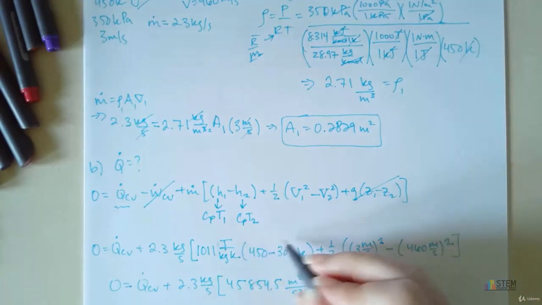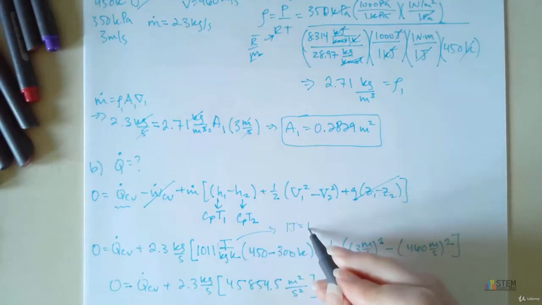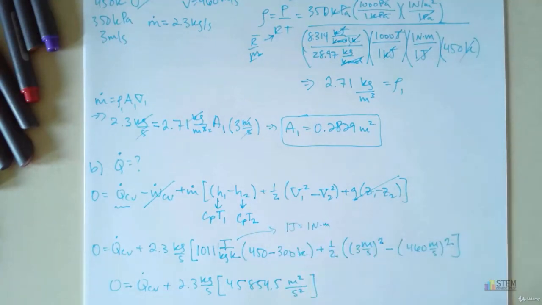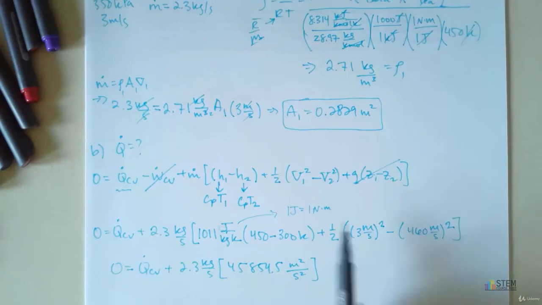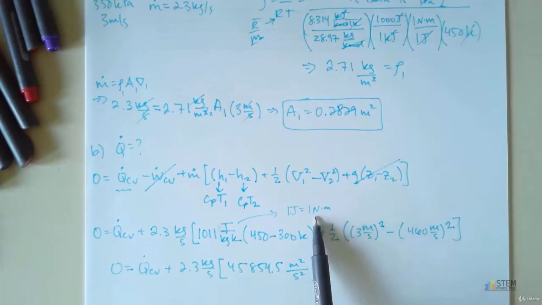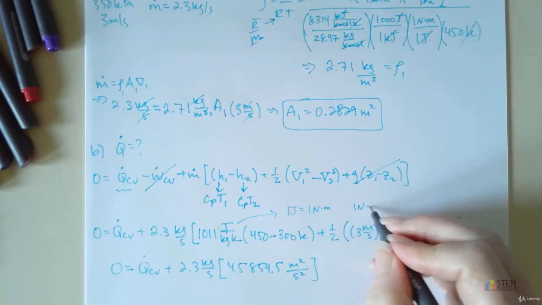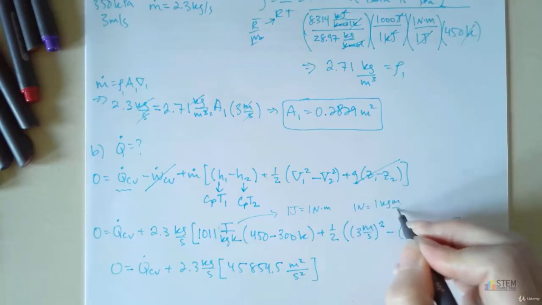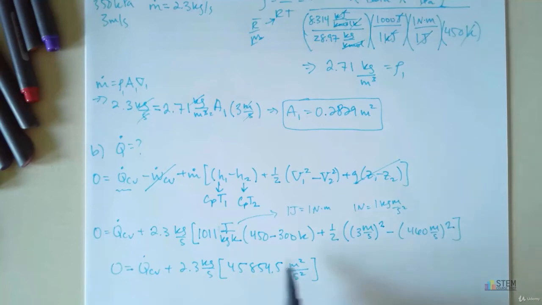Now remember, 1 joule is 1 Newton meter. All right, so if you're looking at the units, keep this in mind. And we already said that a Newton is 1 kilogram meter per second squared. All right, so that'll help you figure out how we got meters squared over second squared.